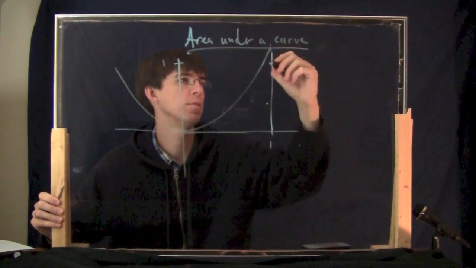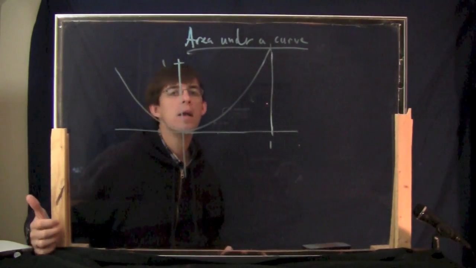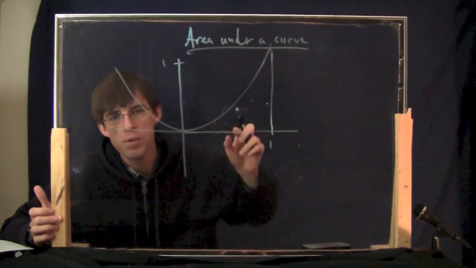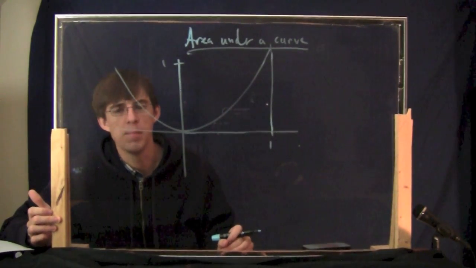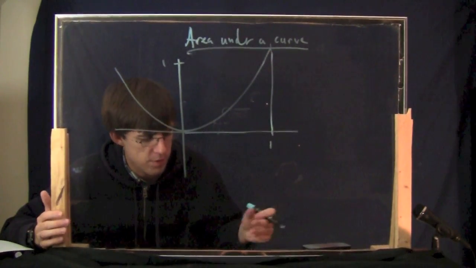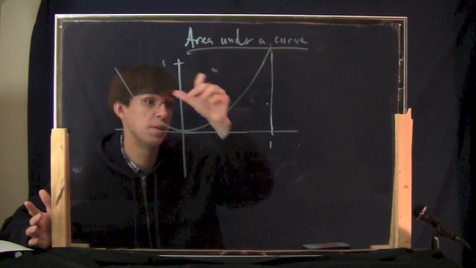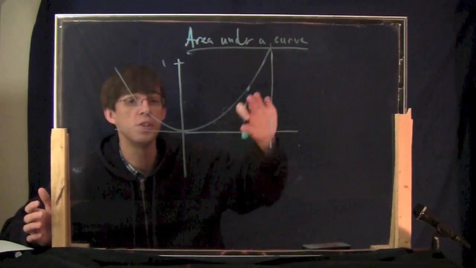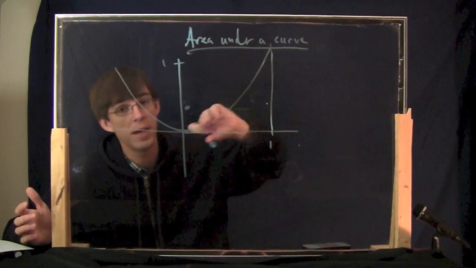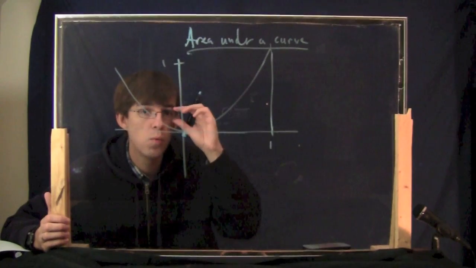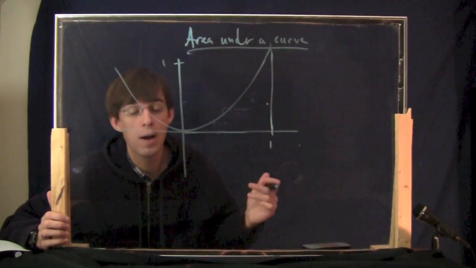I'm referring to this area right here. The issue, of course, is that this is a weird shape and you don't know how to find the area of a weird shape. The only shapes you know how to find the area of are things like rectangles, triangles, circles, maybe some other things, but certainly that list does not include a shape like this, which is like triangular, but it has a parabola on the top.